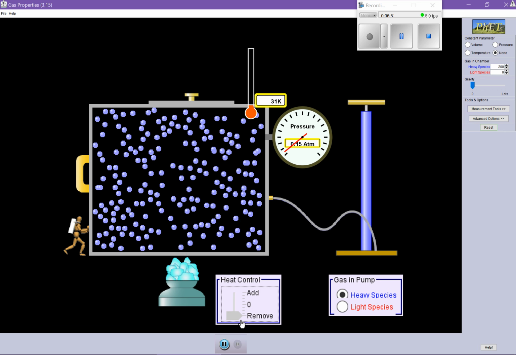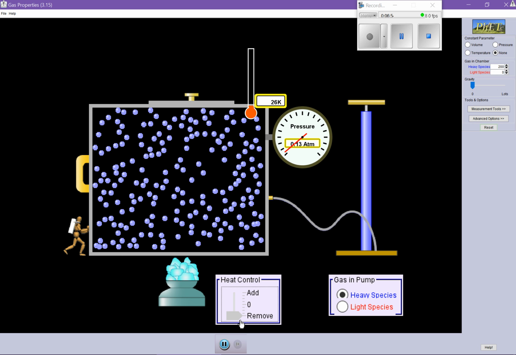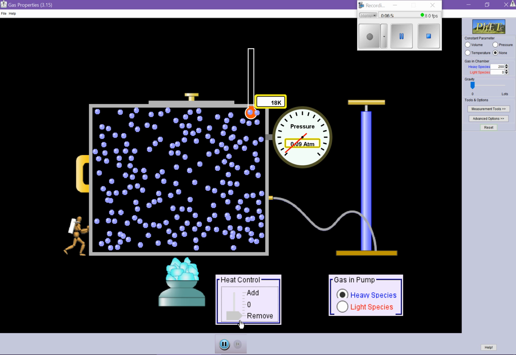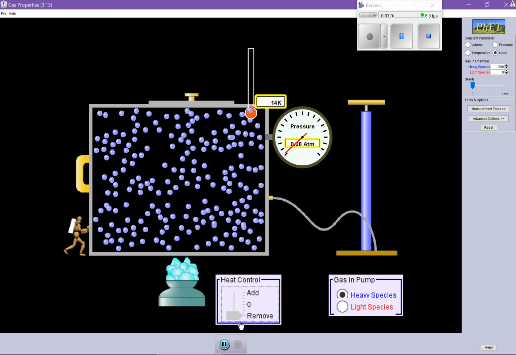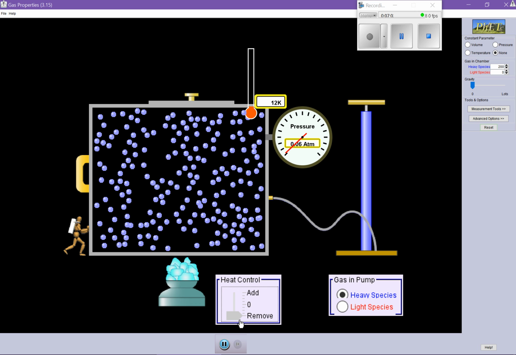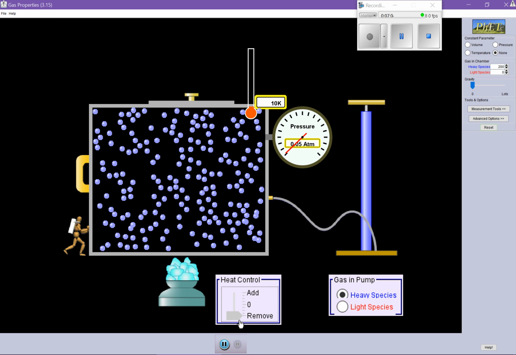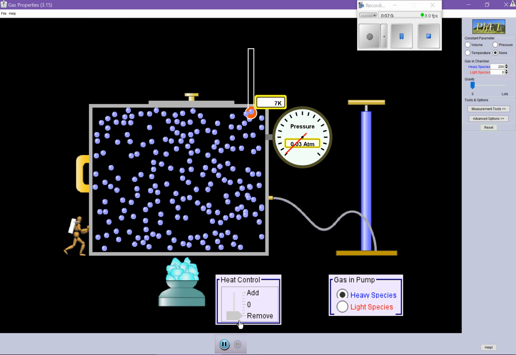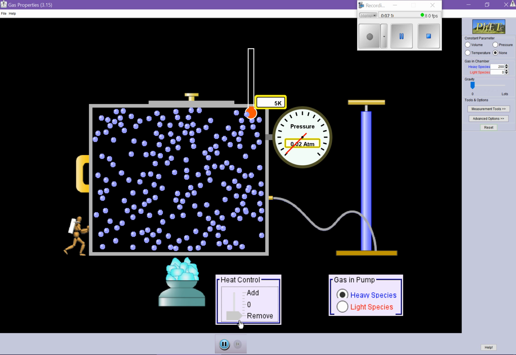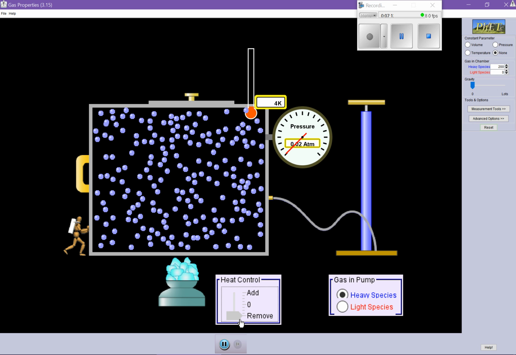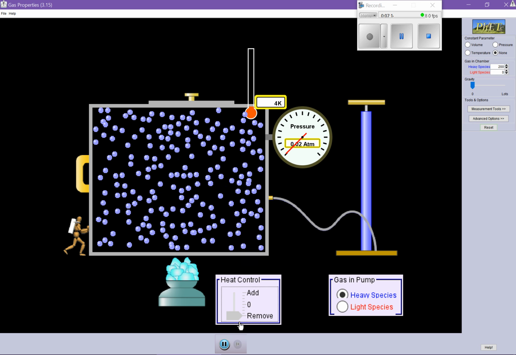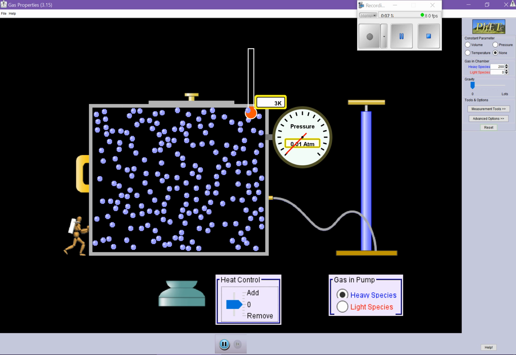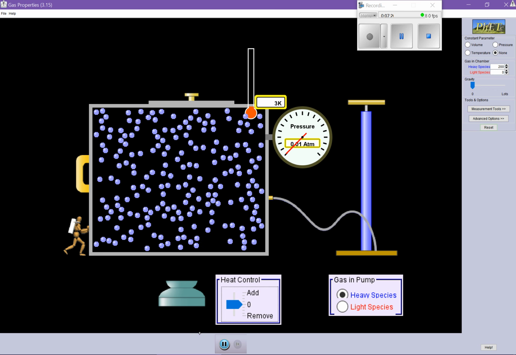They always have to move, even if it's just a little bit. But they're going to go so very slowly that it's going to almost look like they're not moving at all. So again, if we're changing how they're moving, we're changing their kinetic energy, because kinetic energy is the energy of movement. And so you can play with that simulation.